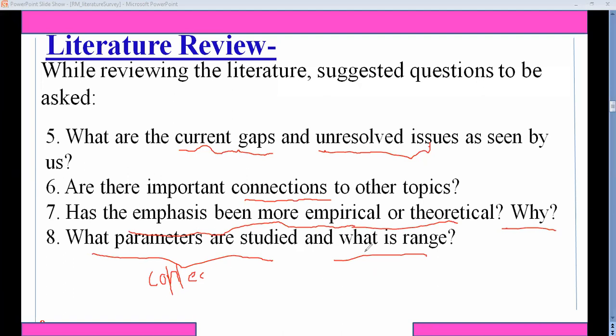Find what range they have used and what conditions they conducted the experiment in. Many times authors are in a hurry to publish the research paper, so sometimes some important information may accidentally be skipped. So we can contact the authors.